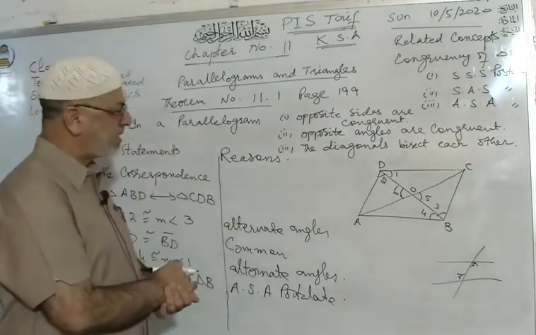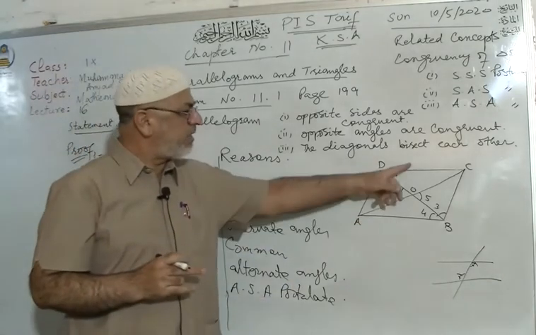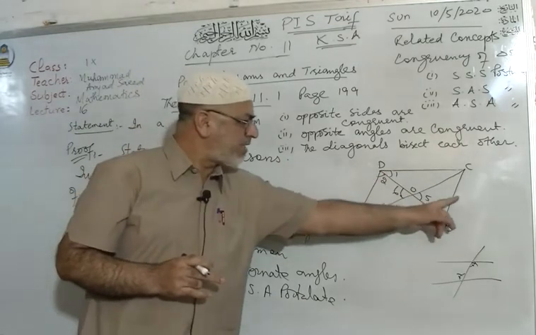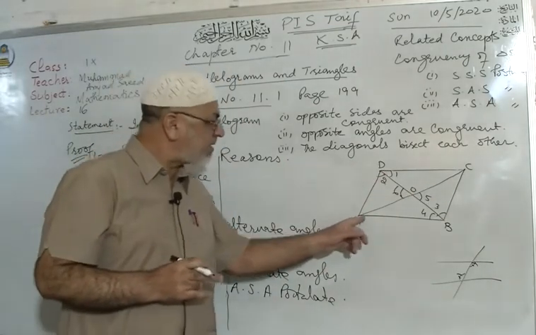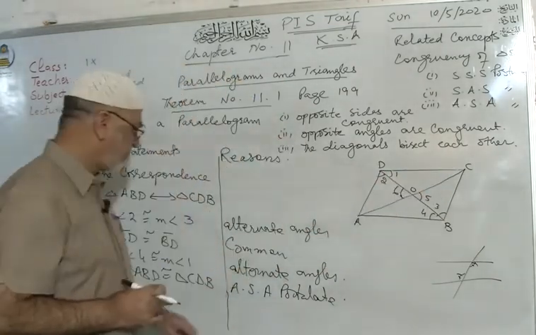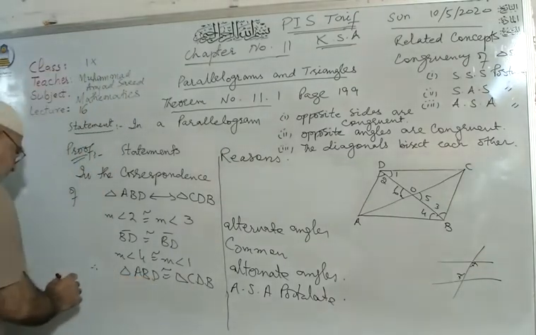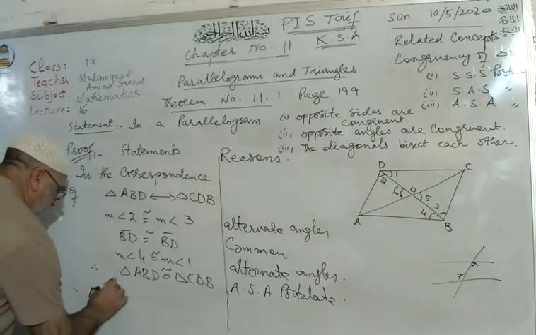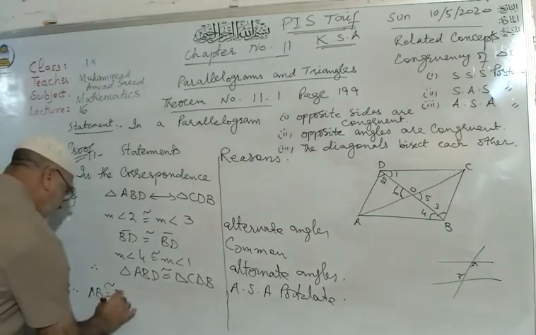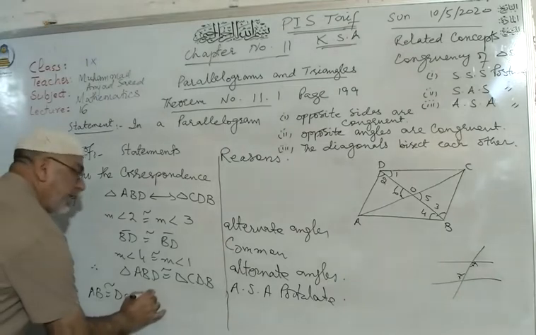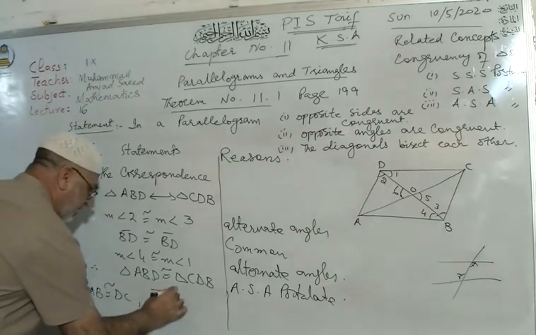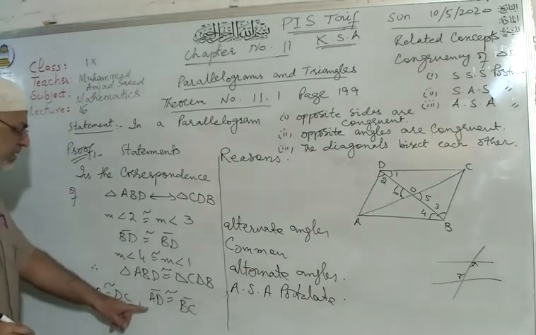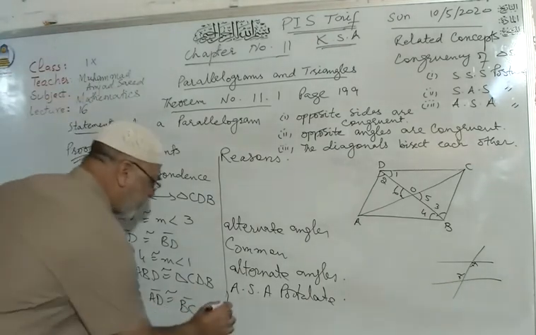So that's why we can say AB is congruent to DC, AD is congruent to BC, and angle A is congruent to angle C. Therefore, AB is congruent to DC and AD is congruent to BC. What is that? Corresponding sides of congruent triangles.